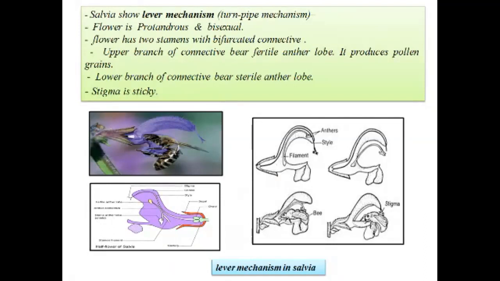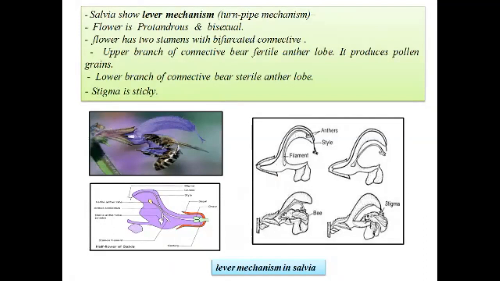This flower is bisexual. The stamens of these flowers are bifurcated, that is, branched. The upper branch has a fertile anther, and the lower branch is sterile.